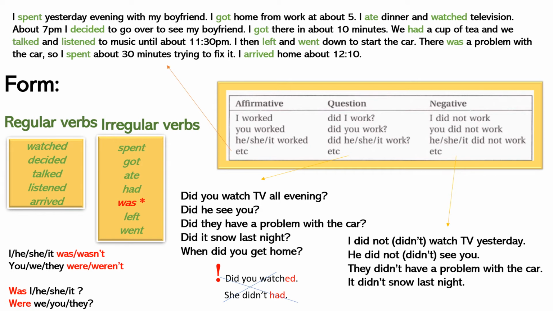Questions? You swap the order. Was I at home? Was she with you? And with you, we, they, we use the form were. Were you together? Were you at work?